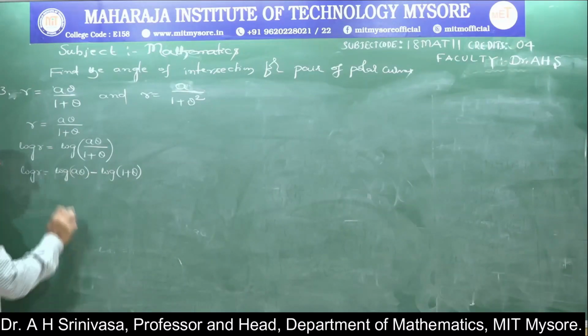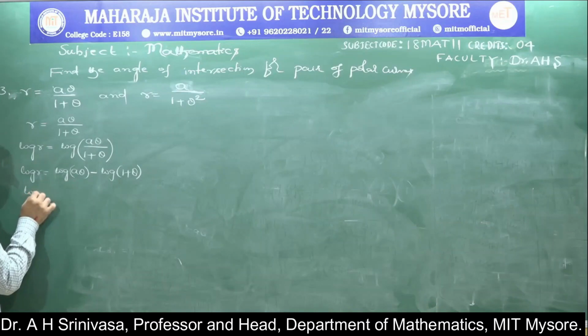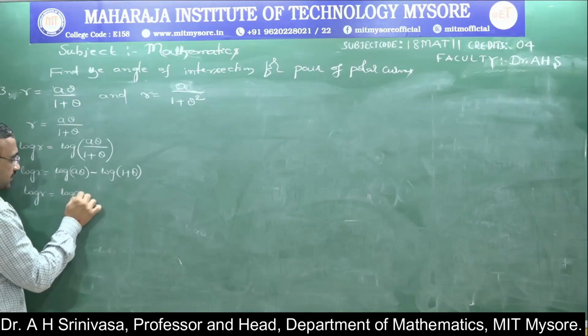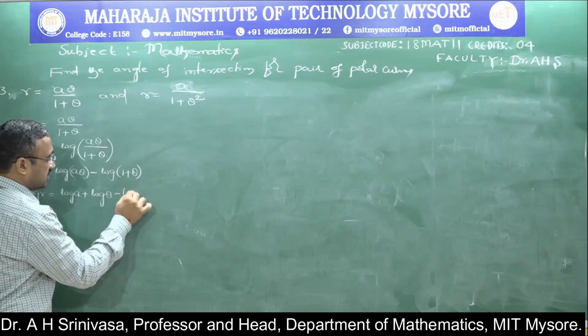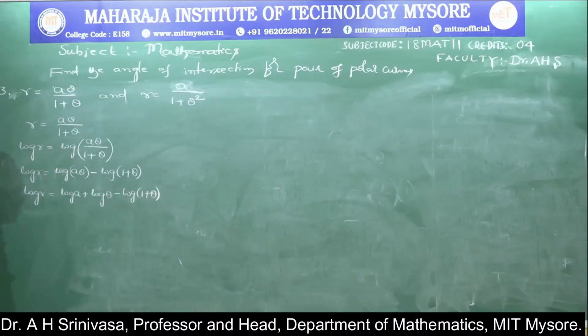Now one more property: the logarithm of a product of two functions. Again you apply the logarithm property. This becomes log r equal to log a plus log theta minus the logarithm of 1 plus theta.